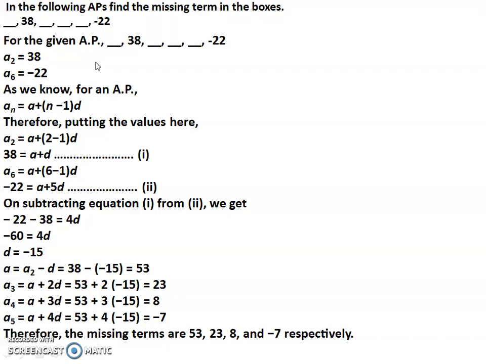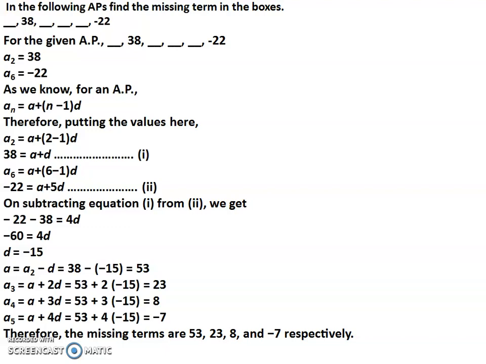How will you find the first term and common difference? You will write the nth term formula for the second term and 6th term. And now you will get 2 linear equations in 2 variables. Solve those equations and you will get D and A. From that you will get the missing terms of an AP.